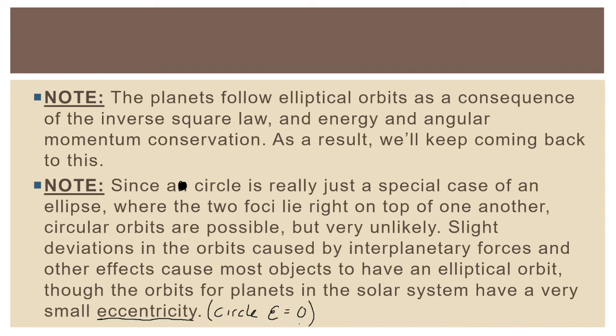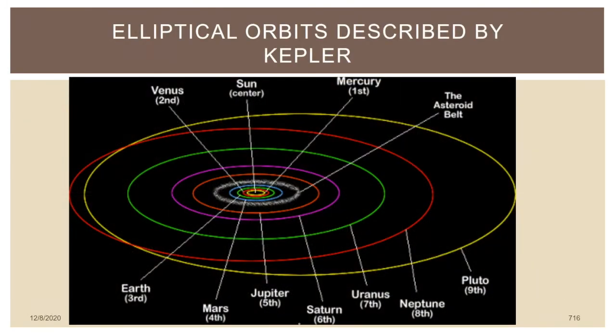All right, so let's just take a quick look at some of these orbits. Here are the elliptical orbits in the solar system as described by Kepler. So as you can see here with the sun at the center, we have each planet's orbit shown in the diagram. Now, it isn't any surprise, Pluto's looking weird.